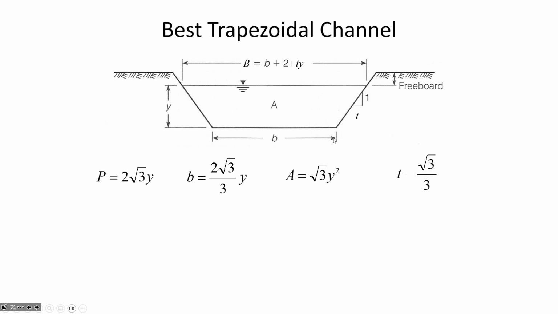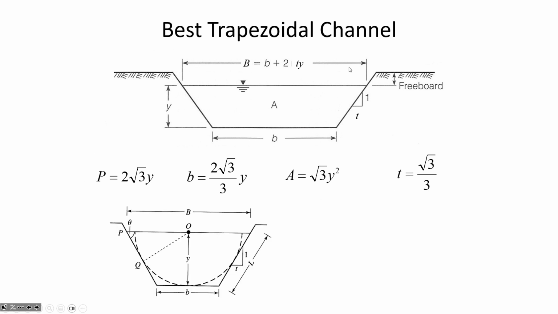So it's pretty steep side slopes. And the area is square root of 3 multiplied by y squared. So it turns out that this most efficient trapezoidal channel minimizes the wetted perimeter by being the shape that most closely approximates a half circle.